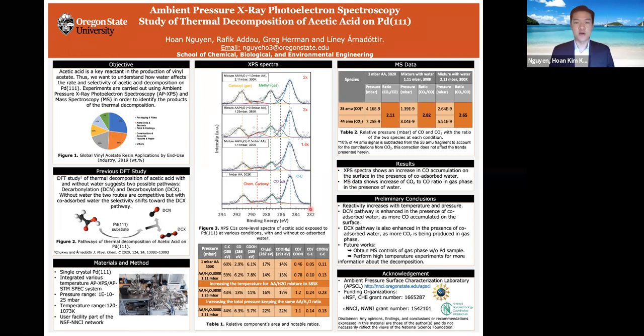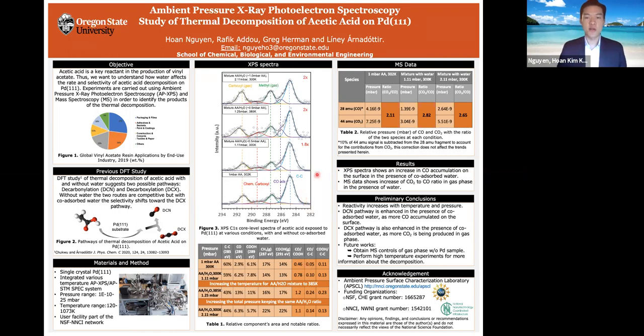Each spectrum is composed of 5 components. The surface components are carbon-carbon, carbon monoxide adsorbed, and the carboxyl carbon chemisorbed, and the 2 other components are the methyl carbon and carboxyl carbon from the acetic acid gas molecule.